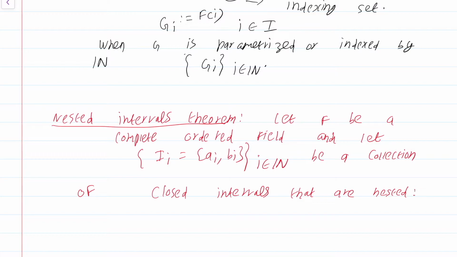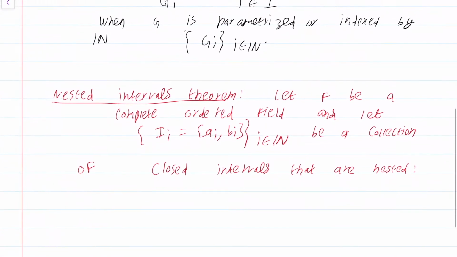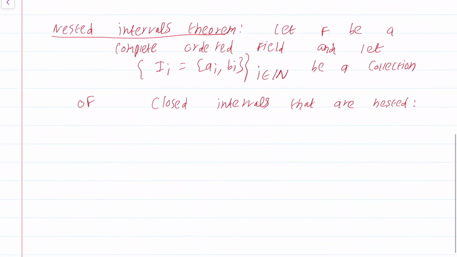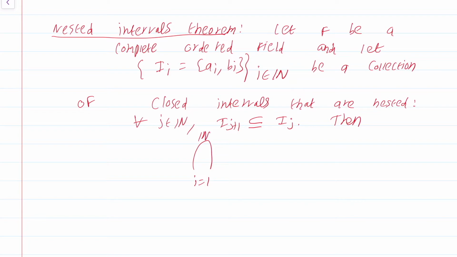What do I mean by nested? What I mean is for all j in N, I_{j+1} is a subset of I_j. That's what I mean by nested. Then the intersection over i equals 1 to infinity of I_i is non-empty.